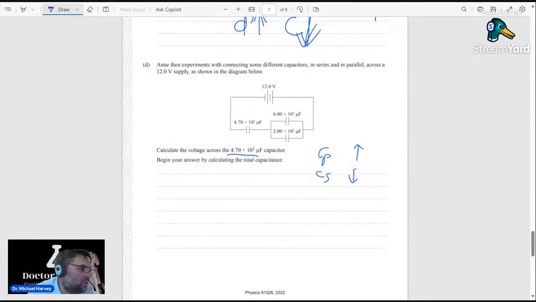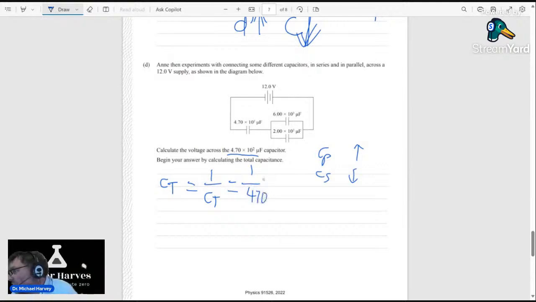Okay, so let's do this. So 1 over the total capacitance is going to equal 1 over the 470. Well, in a question like this, would Q remain constant?